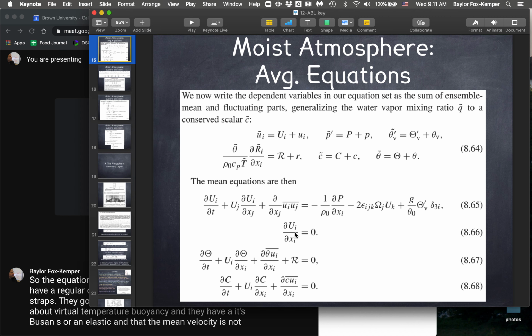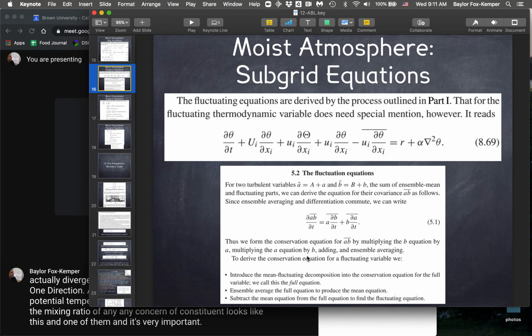We went over how the Einstein summation means that this is actually a divergence rather than just a direct derivative in one direction. And then the last piece here is the transport of potential temperature, which looks like this, and the transport of the mixing ratio of any conserved constituent looks like this, and one of them that's very important is going to be the humidity.